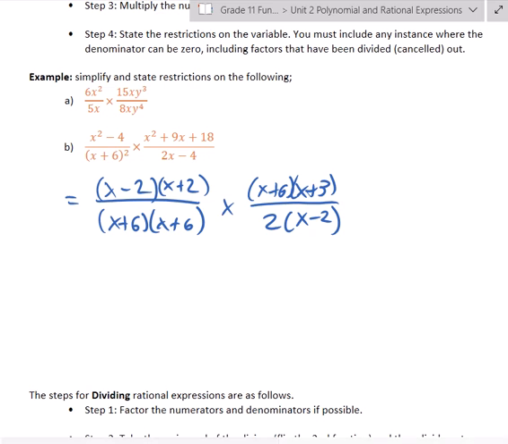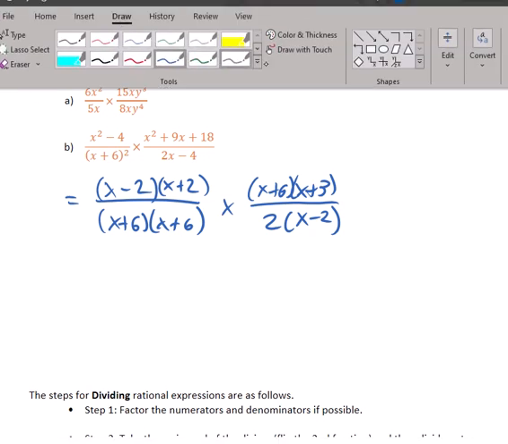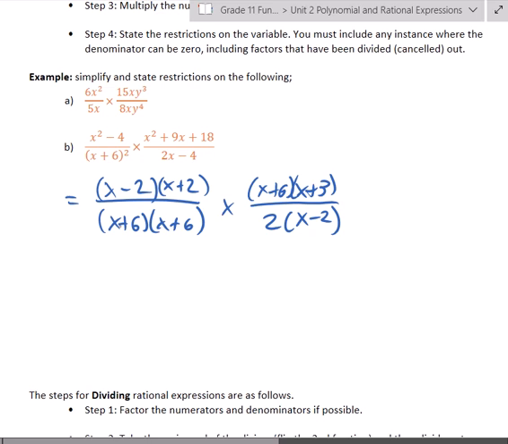We have x plus 6, which is common on these two fractions here. And notice how when I cancel these out, I only cancel out one of the x plus 6's from this denominator. That's because you can only do a one-to-one cancel. You cannot, for instance, cancel out this x plus 6 as well, because that means we would need additional x plus 6 brackets on the numerator over here. So you can only do a one-to-one cancellation when you are performing this step.